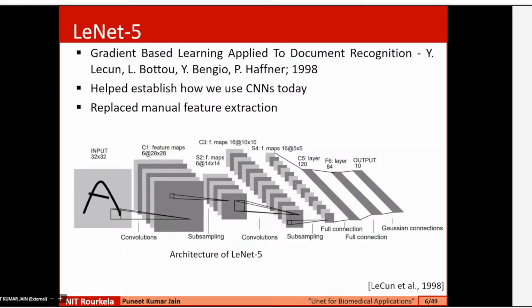Although I would like to emphasize that it's not like people were not using the CNN concept before this point. But these are certain milestones where these models produced significant results in a particular application, and they became popular, right? And that's how we know that the LeNet came in 1998, right? So that's how the journey started.